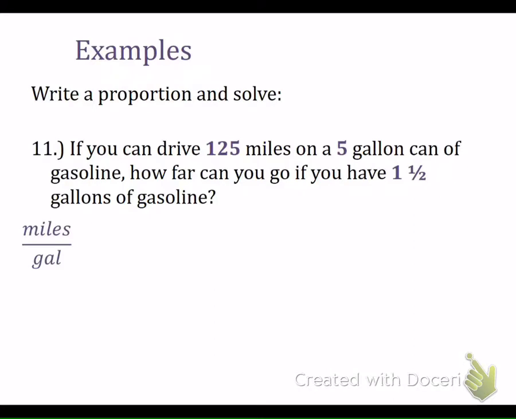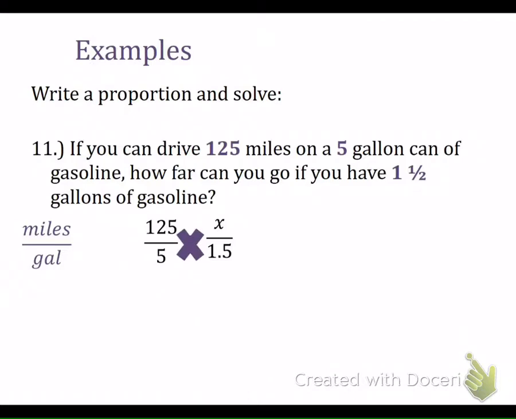Miles over gallon sounds perfect. So I know that I can go 125 miles with 5 gallons. Where does the 1.5 go? On the bottom, because it represents gallons. What goes on top? An X, or a variable of some sort.